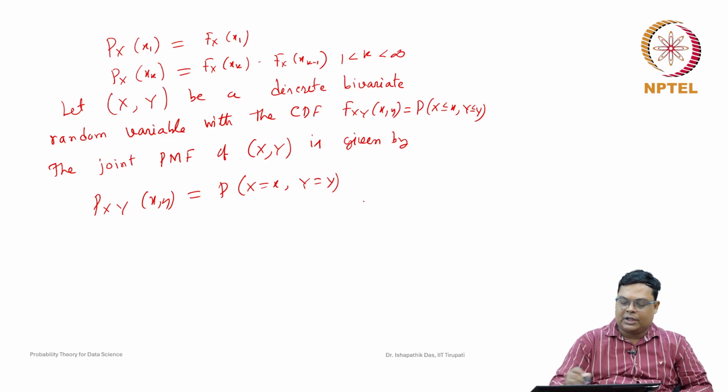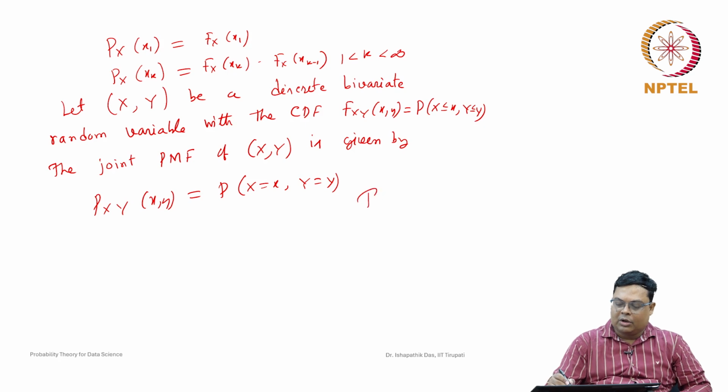Suppose we consider the range of (X, Y), R_XY, which basically contains all the pairs (x_i, y_j), where i is equal to 1, 2, and so on, and j is equal to 1, 2, and so on.